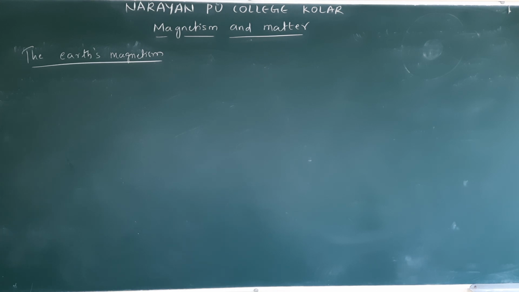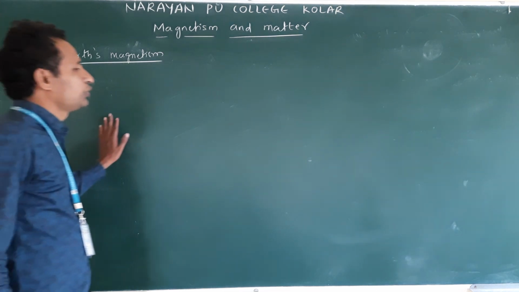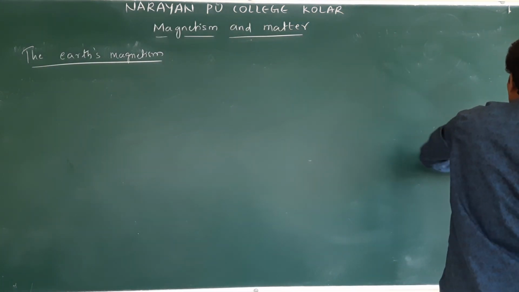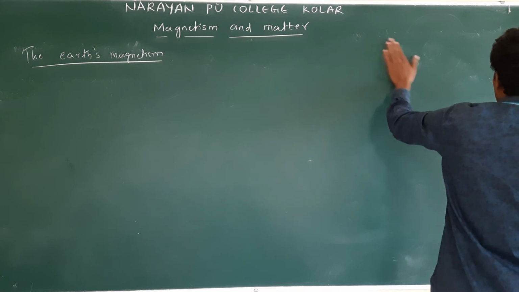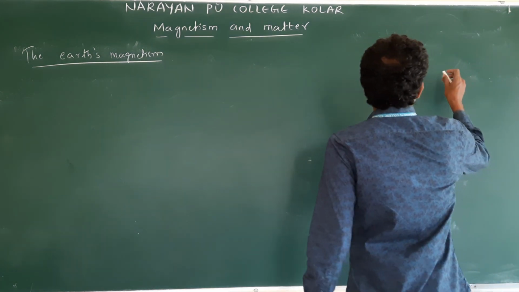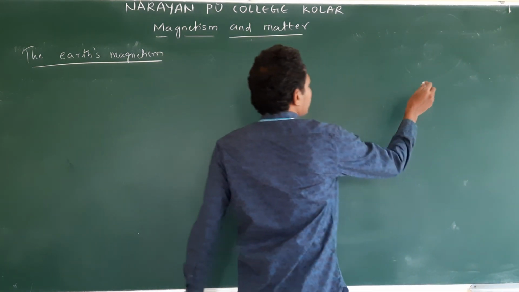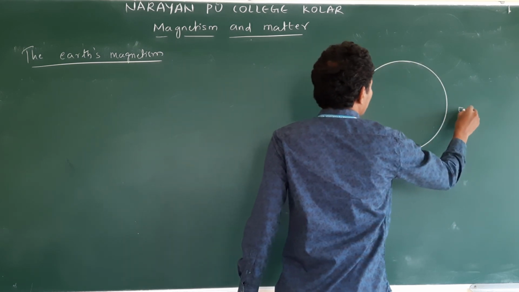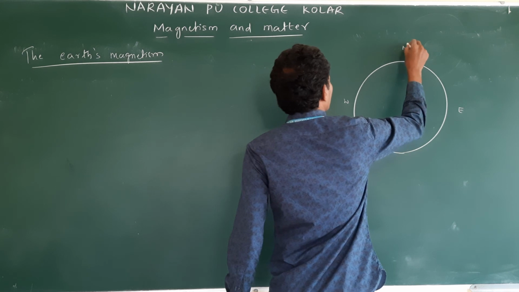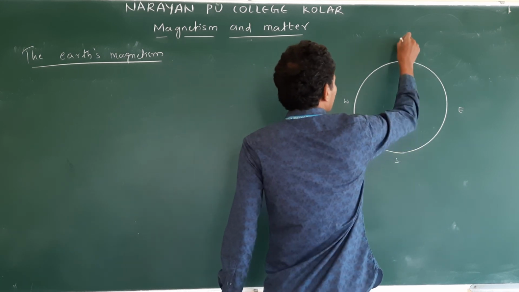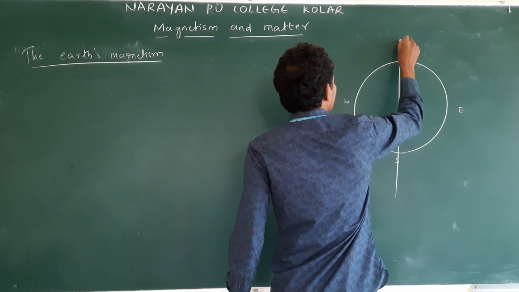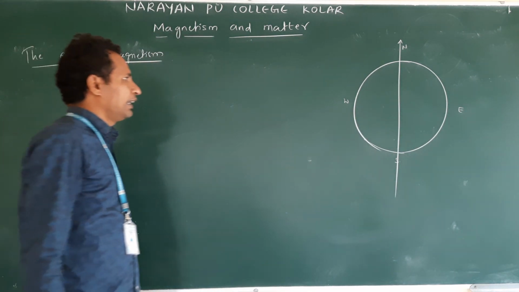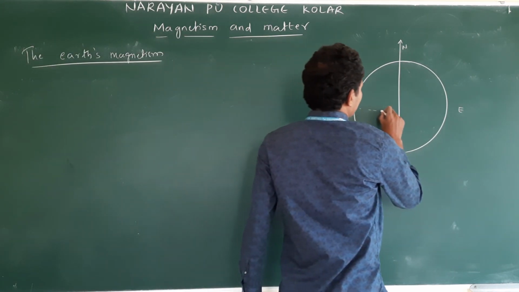To understand this you need to know what is the magnetic meridian and what is the geographic meridian. Take this as our east to west and north to south. If you draw like this, this is the geographic equator.